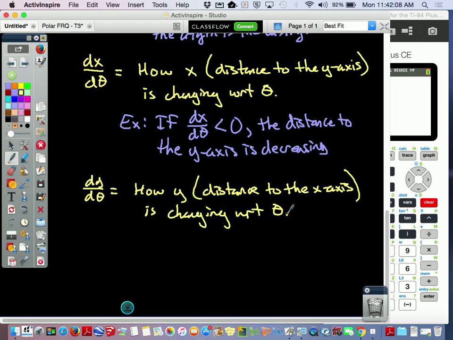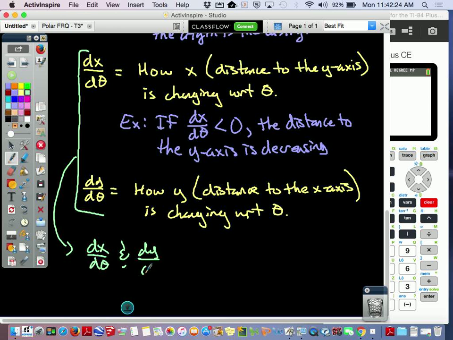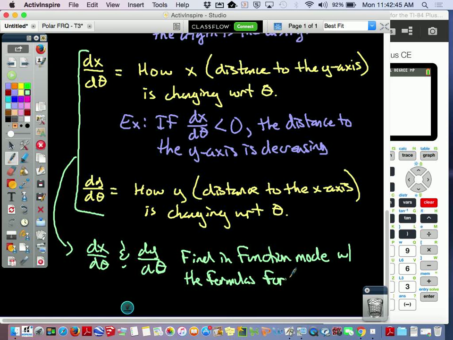Now, something we need to pay attention to is that these two values, dx d theta and dy d theta, we will find in function mode with the formulas for x and y.